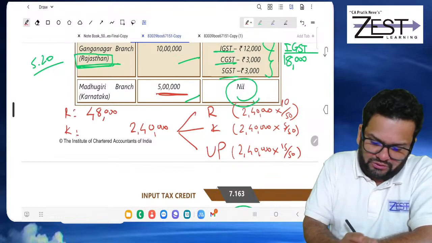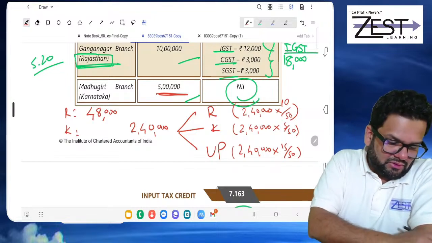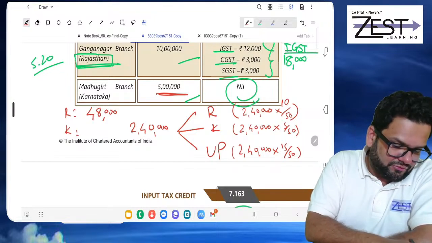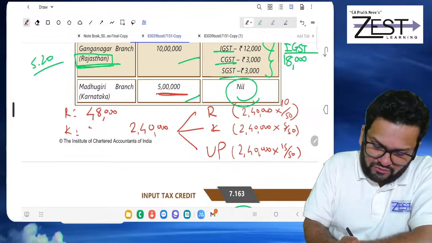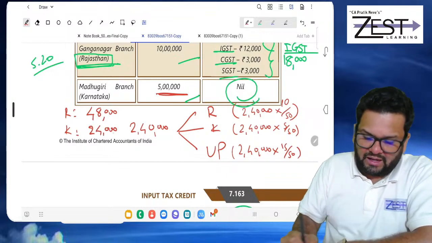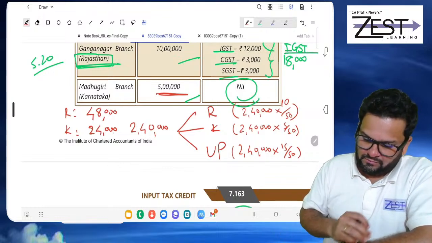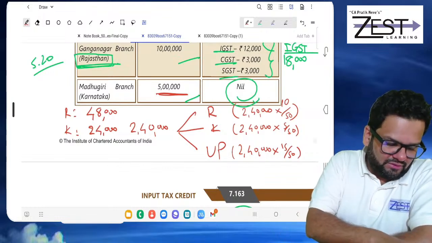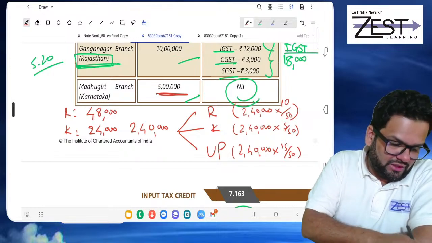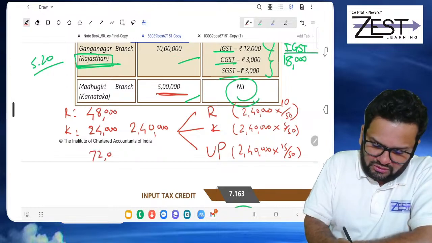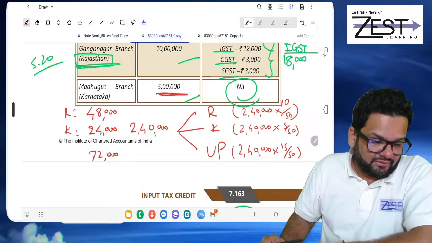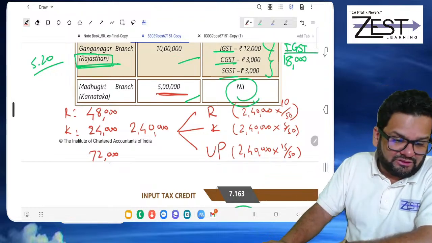For Karnataka's unit, I am getting 2,40,000 divided by 50 into 5, 24,000. And for UP unit, I am getting 2,40,000 divided by 50 into 15, 72,000. These are the figures I am getting. Is it clear to you, Ashima ji?